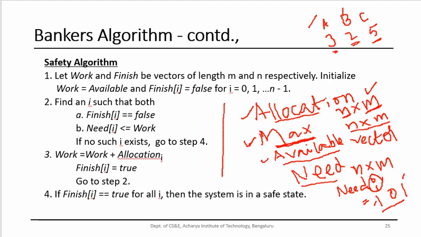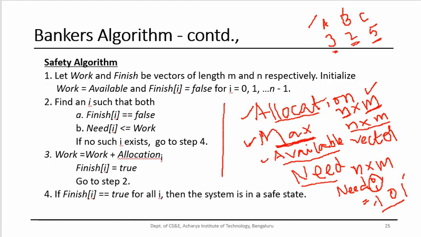The resource allocation algorithm will pretend as if it allocates the resources as per the request made by the process, and passes that system state as input to the safety algorithm. And the safety algorithm checks whether, after the allocation of the resources as per the request made by a process, the system is going to remain safe or not.